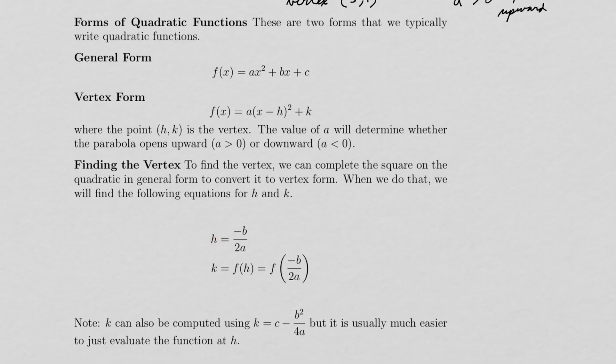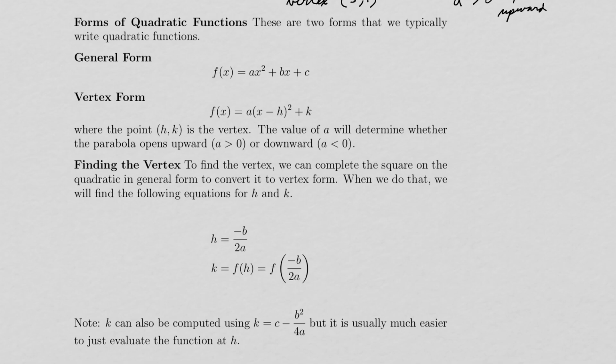And then the easiest way to find the k is once I find h, I can substitute it into the function, and the output must be the k, right? Because it's h comma k. The input is h, the output is k. So if I calculate f of h, and remember h is negative b over 2a, that will give me k.